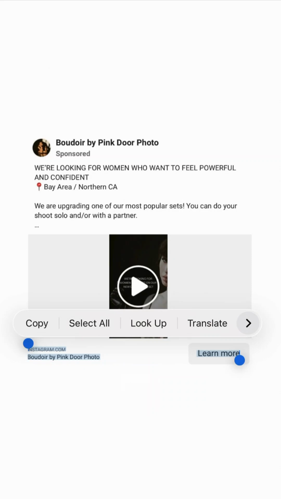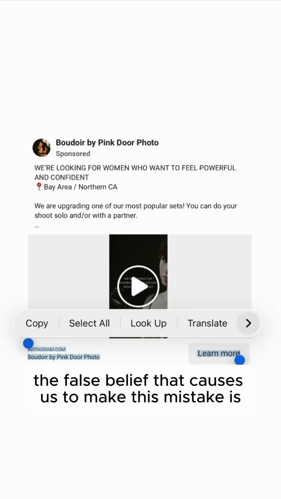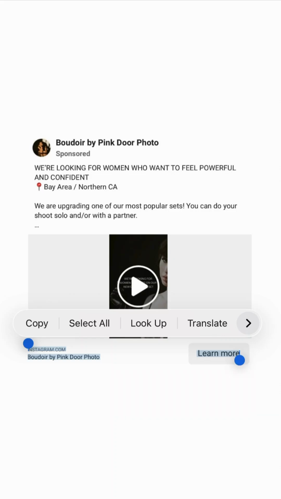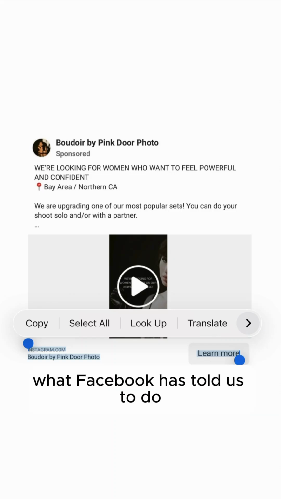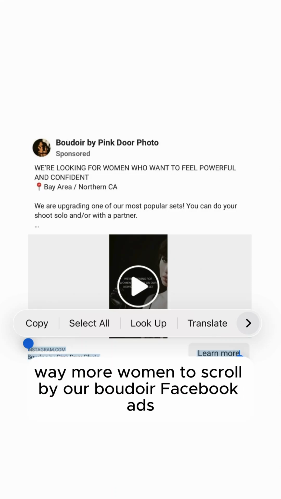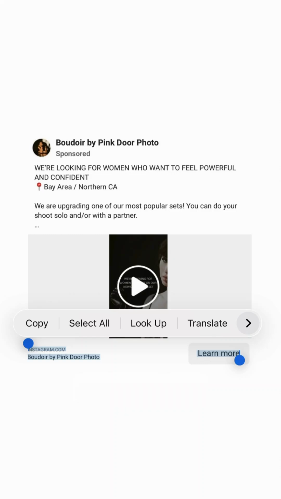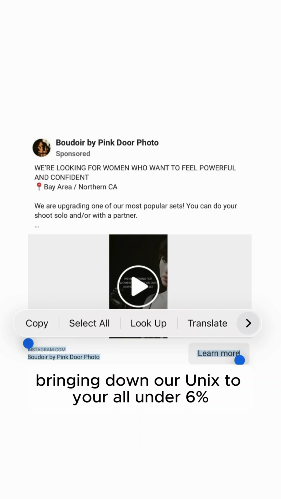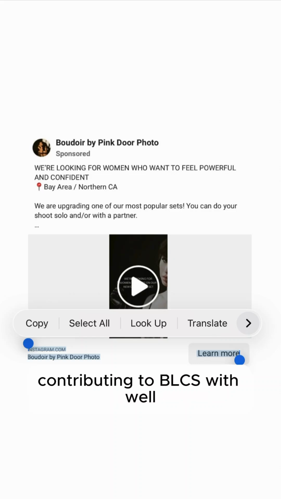The false belief that caused us to make this mistake is that we're actually following what Facebook has told us to do. And following what Facebook has told us to do is literally the number one worst thing for us to do, because it causes way, way, way more women to scroll by our Boudoir Facebook ads than necessary, bringing down our unique CTRL under 6%, contributing to BLCS, Boudoir low click syndrome.